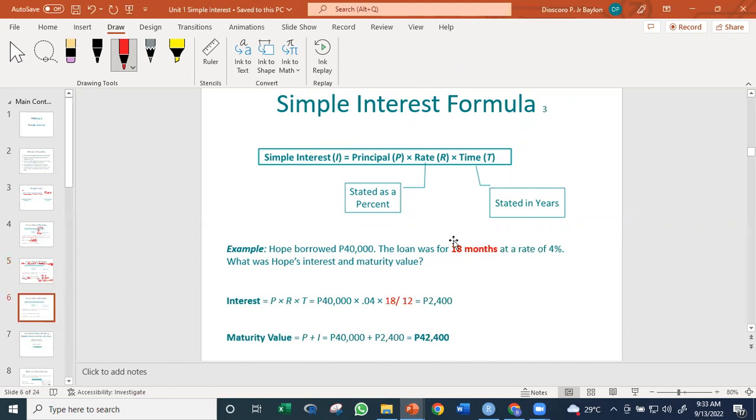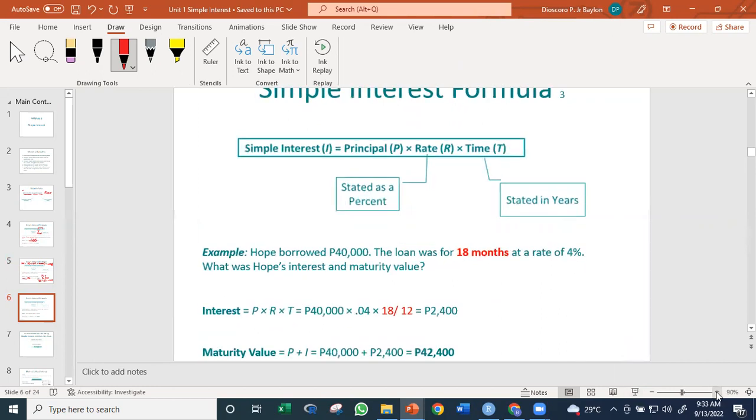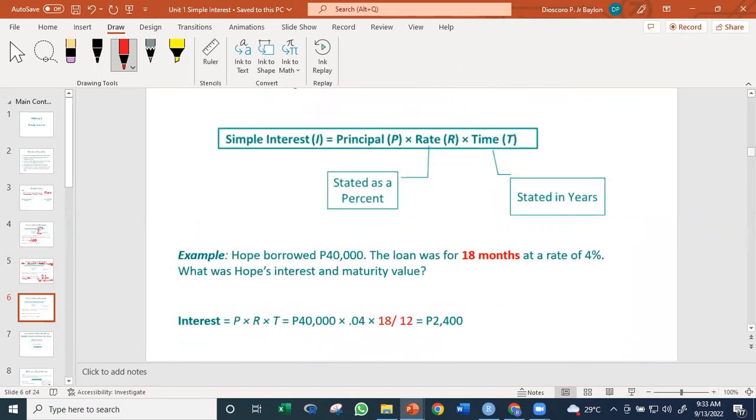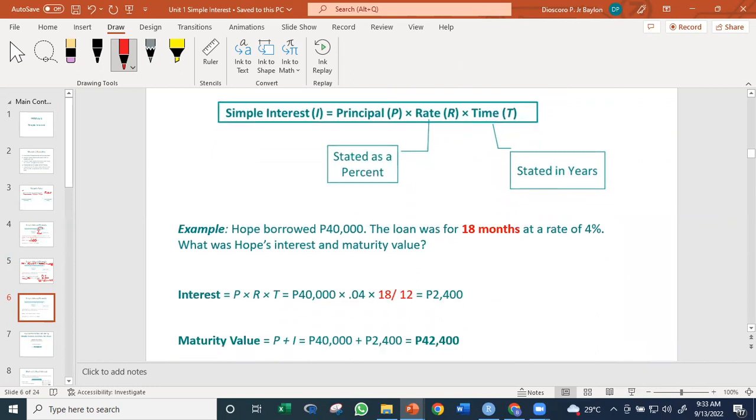Okay, this is again a very quick review. Last time we looked at this problem also. This time, the term is 18 months. So just like the first problem, we just multiply the principal times the rate times the time. The rate is in years, the time should be in years.